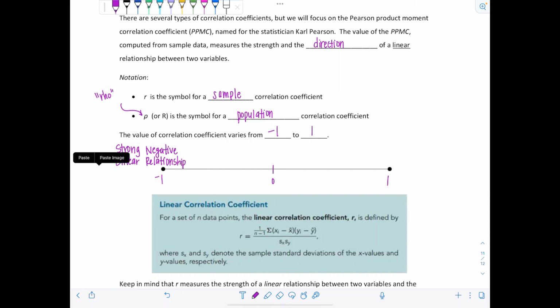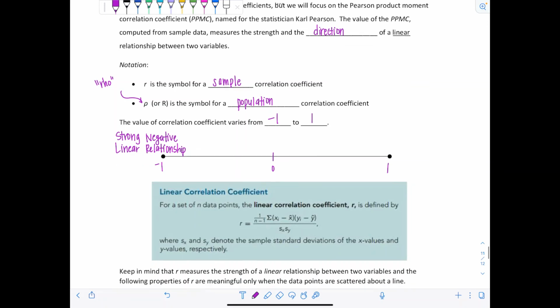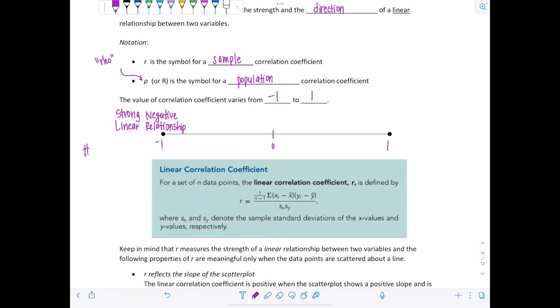What's an example of a strong negative linear relationship? It's two quantities that are inversely related. So if you think about it like number of absences and your grade in the class, which we've been looking at so much, as absences go up, grade goes down, and vice versa. So those have a negative or inverse relationship.